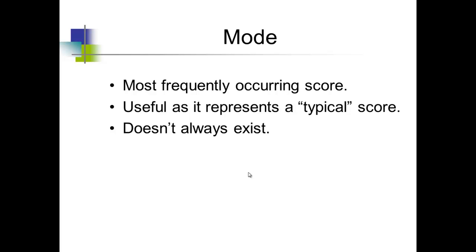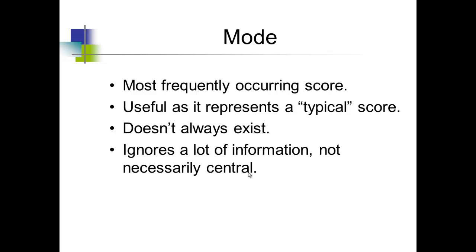And if they don't end up with a mode that way, they might drop off the single dollars. They might round up or down to tens, or down to 20s, etc. So it gets a little bit slippery when you're talking about the mode and what you're actually showing with it. It ignores a lot of information and it's not necessarily central.